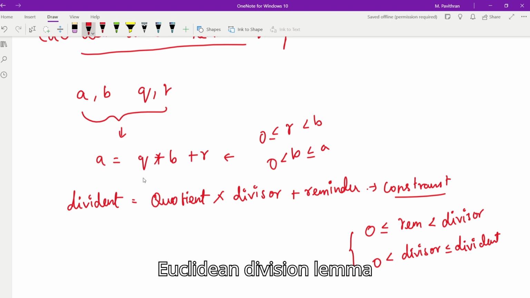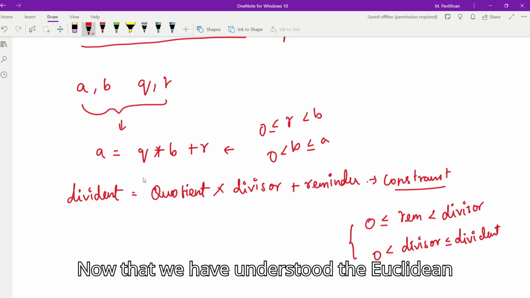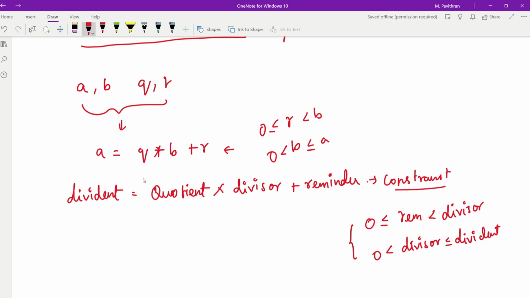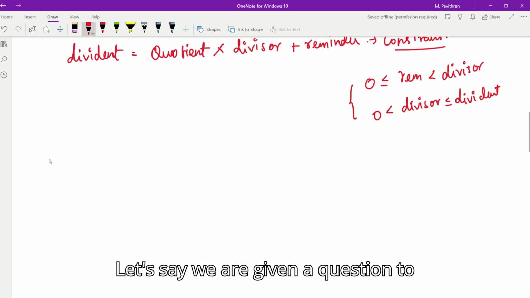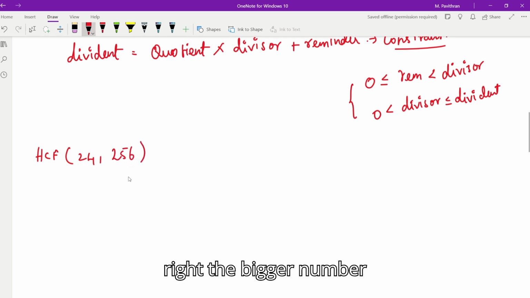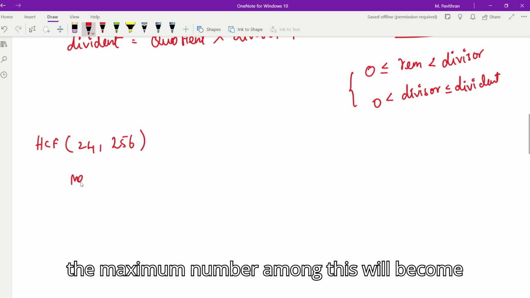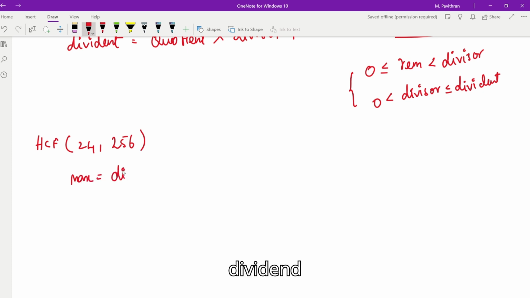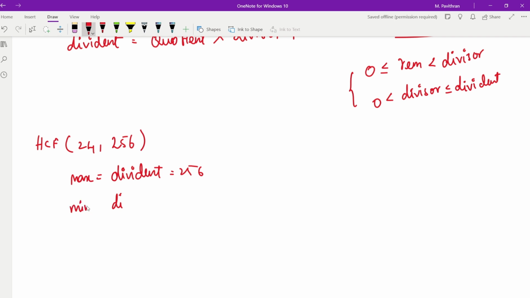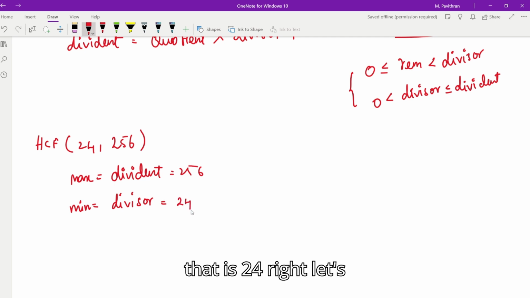Now that we have understood what the Euclidean division lemma theory is, let's apply it to find the HCF of two numbers. Let's say we are given a question to find the HCF of 24 and 256, right? The bigger number, the maximum among these, will become the dividend, that is 256, and the minimum number becomes the divisor, that is 24, right?